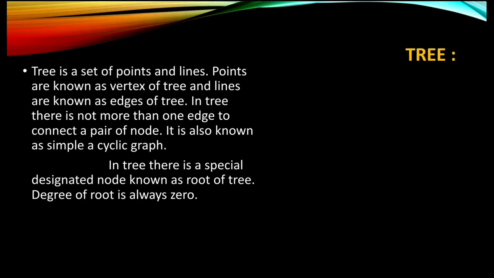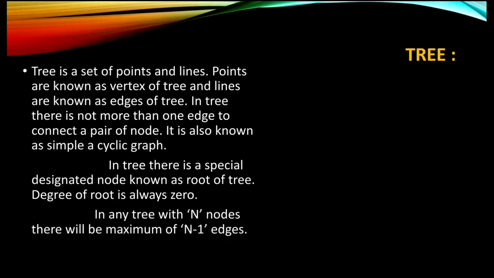In a tree there is a special designated node known as the root node. The structure of a tree always starts from the root only, and the degree of the root is 0. Always remember, the degree of the root is 0. And one more thing I want to add: in each tree with n nodes there will be a maximum of n minus 1 edges.